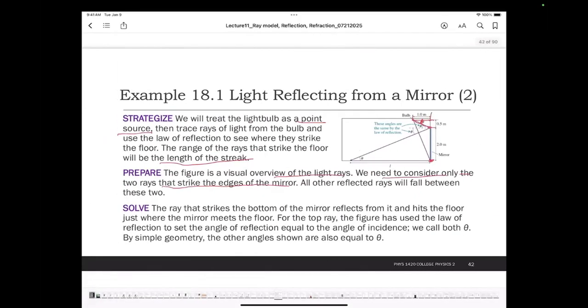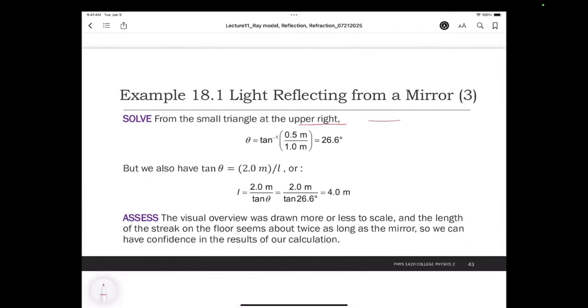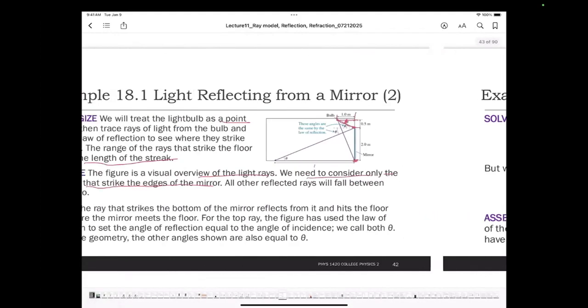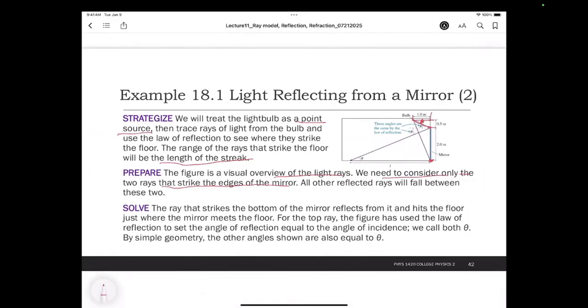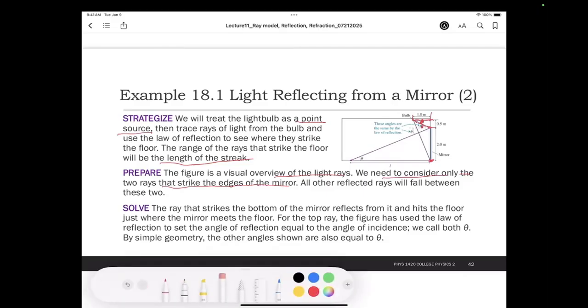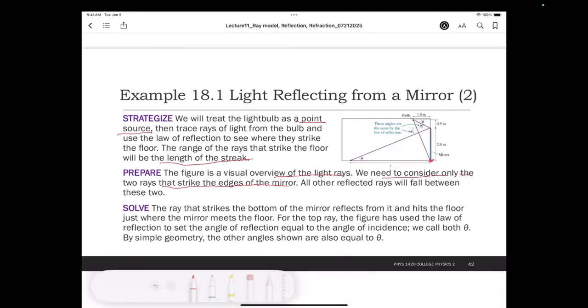We know this is theta, am I right? Why is this also theta? Because this line and this line are parallel, which means this angle equals this angle.